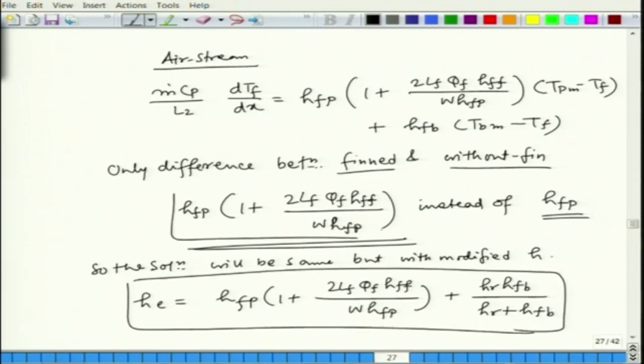Okay. So, these are two major modifications that the geometry of fin is introducing in the analysis. Rest of the things are exactly the same.